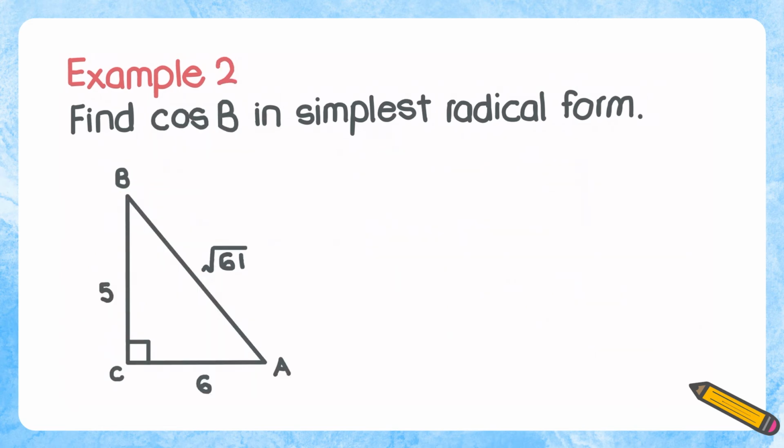For example 2, we're going to find cosine of B in simplest radical form. So I will be standing at angle B, and remember to write down this triangle in your notebook as well. So this side is our hypotenuse, and we have our opposite side across from us, and also our adjacent side next to us. So this side is our adjacent side.